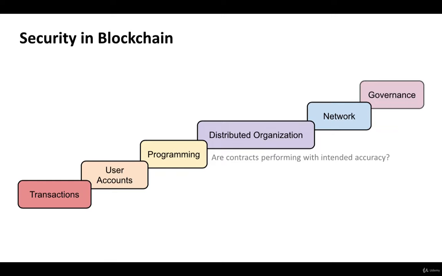Then we look at programming. Are the contracts performing with intended accuracy? If you are using a smart contract or a script, that script or contract should not be compromised. There are examples where a vulnerability could be exploited and lead to a disappearance of funds or a drainage of funds to the wrong place.